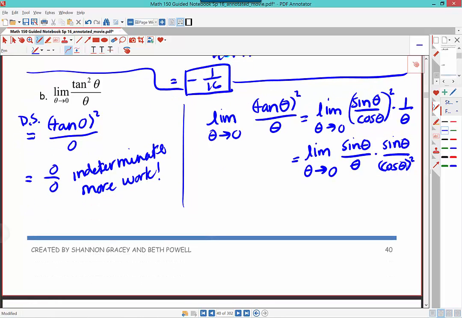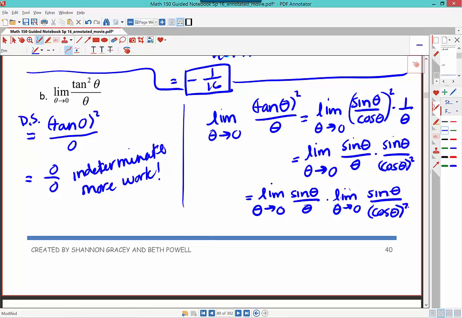And recalling that the limit of a product is the product of the limits, we will have the limit as theta approaches 0 of sine theta over theta times the limit as theta approaches 0 of sine theta over cosine theta, the quantity squared, which will give us good 1.